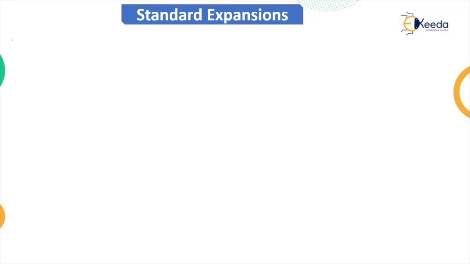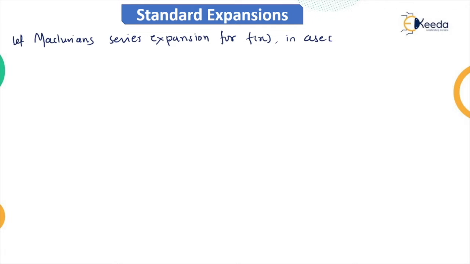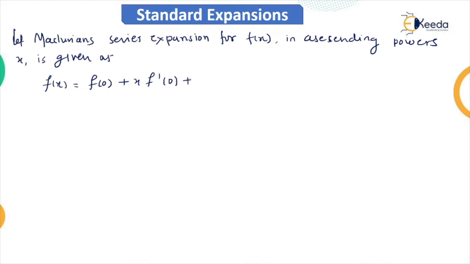Let the Maclaurin series expansion for f of x in ascending powers of x be given as f of x is equal to f of 0 plus x into f dash of 0 plus x square upon 2 factorial into f double dash of 0 plus and so on, plus x raised to n upon n factorial into fn of 0 plus and so on.